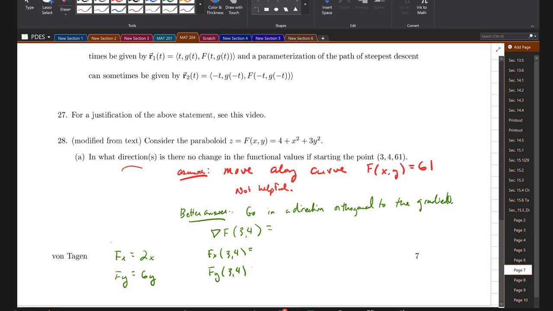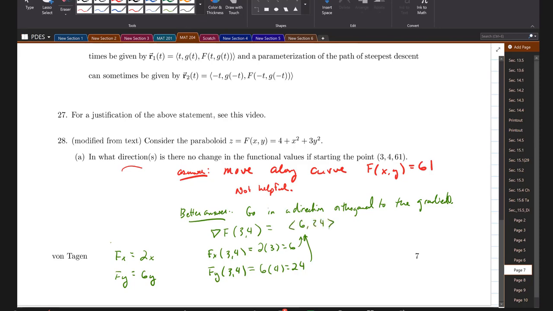These are kind of easy examples. The calculations aren't hard, but here we get 2 times 3 is 6, and here we get 6 times 4 is 24. So that tells us that the gradient is the vector 6, 24.